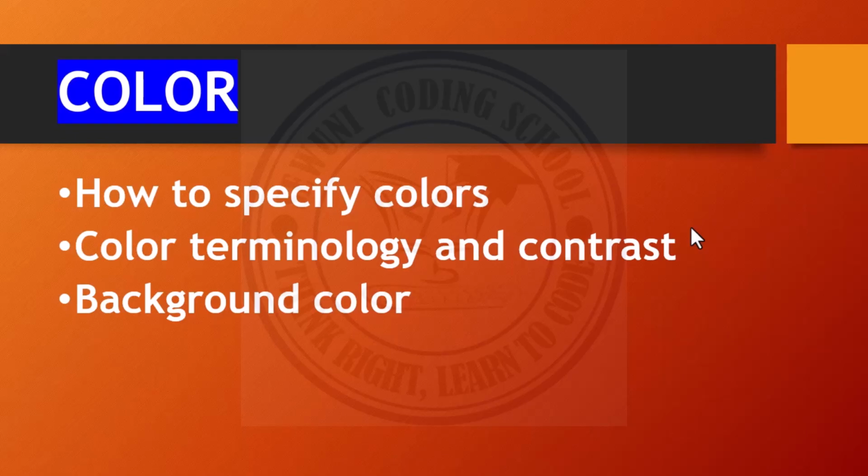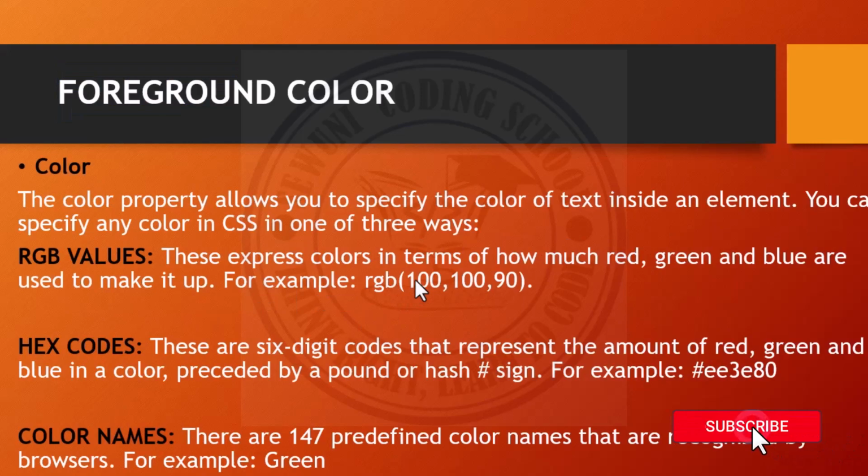We are also going to explain terminologies, and then we're going to explain what contrast means. So we explain contrast, hue, saturation. Those are some of the terminologies associated with color. We're also going to explain background color and foreground color.